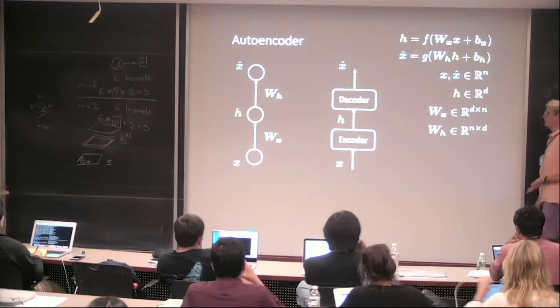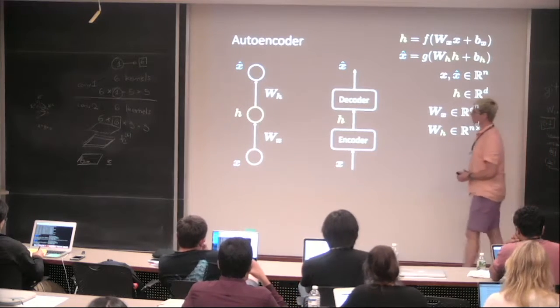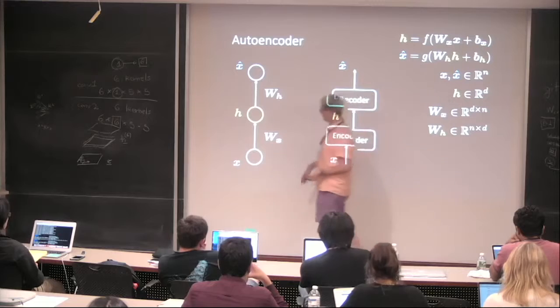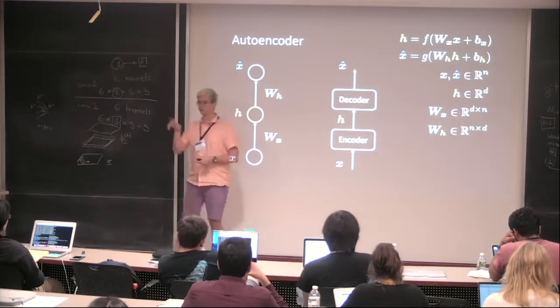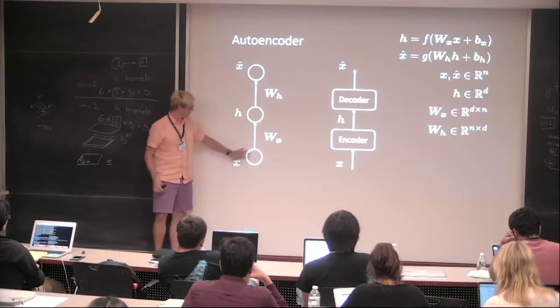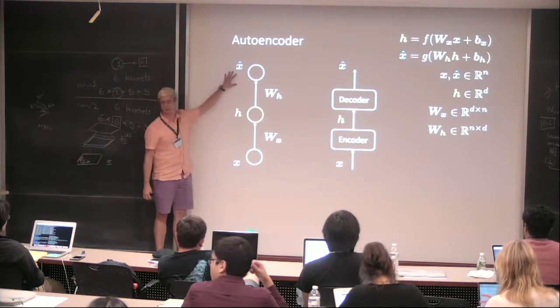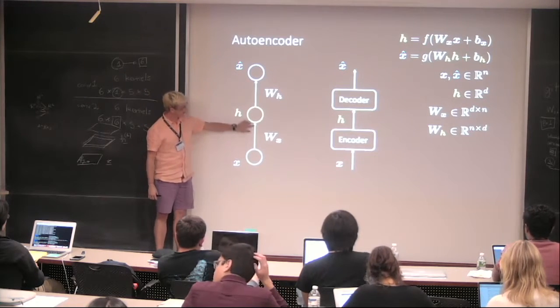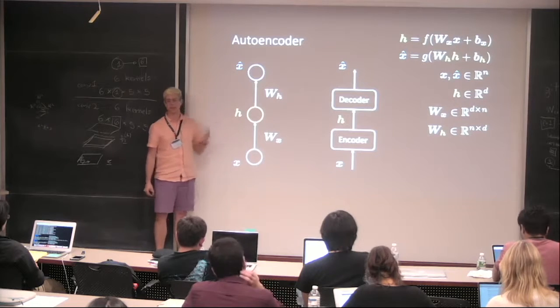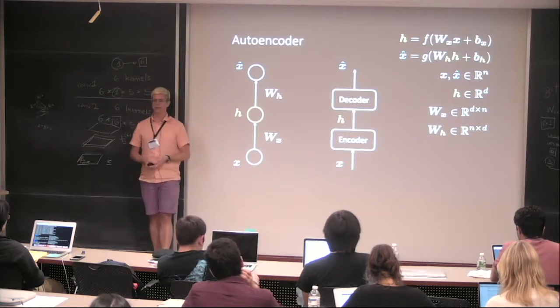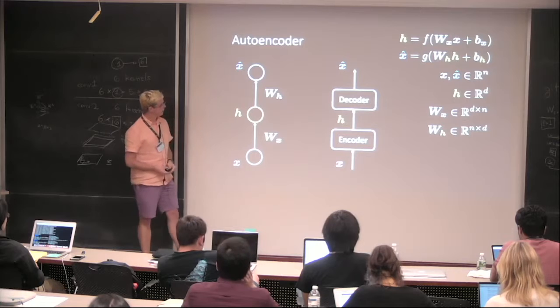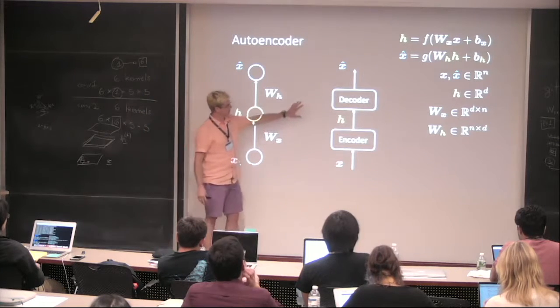Here I introduce a new kind of representation. On the left-hand side, I represent with those circles different vectors. Here is my input vector, here is my hidden vector, and here is my output vector. My lines here represent an affine transformation plus the application of the nonlinearity. In this case instead, it is a block diagram.